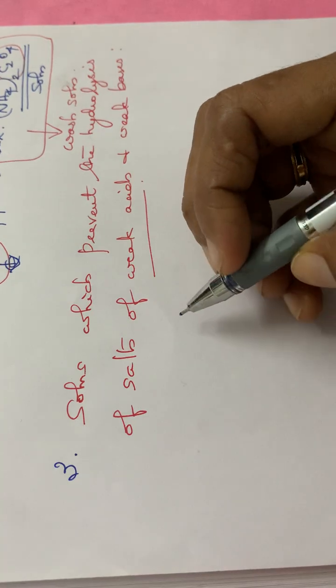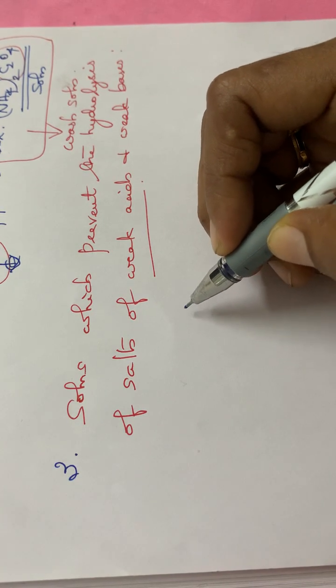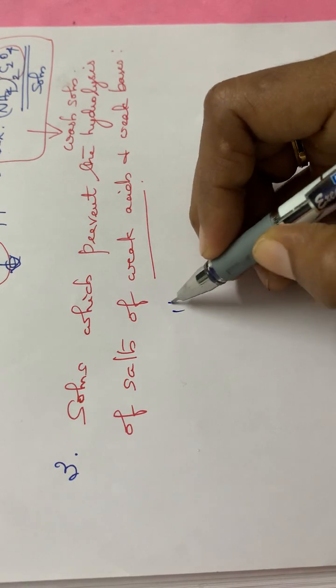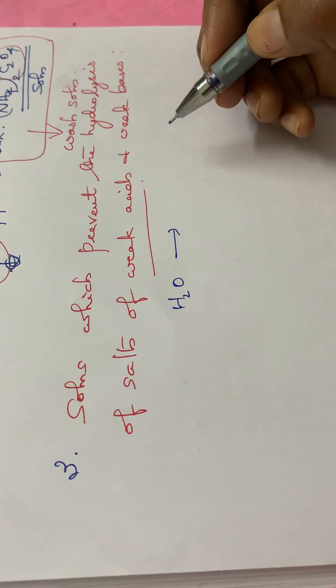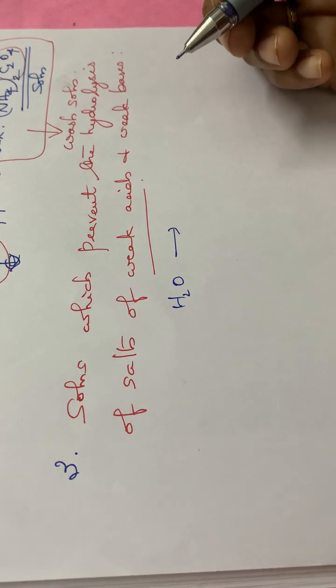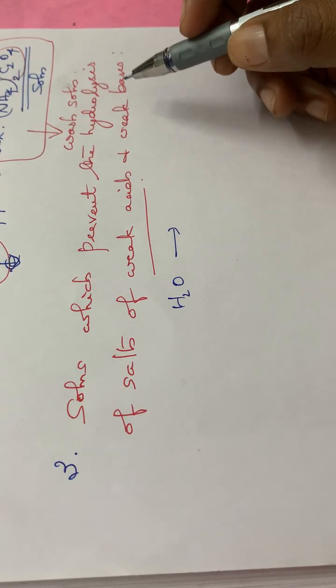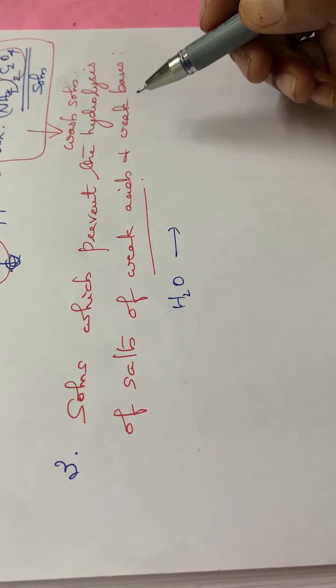See, normally weak acids and weak bases, they will be hydrolyzing easily, isn't it? Hydrolysis means, say for example, it will be reacting with water to give back the corresponding acid or alkali. Okay. So sometimes the wash solution which helps to prevent the hydrolysis will be used.